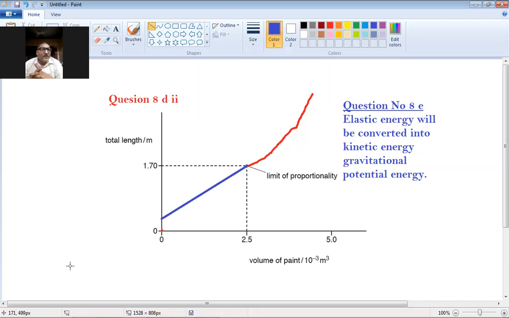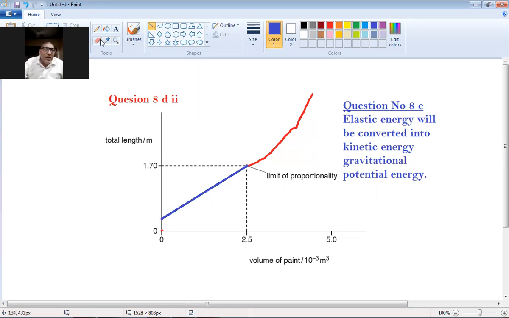So the graph cannot pass through the origin. Origin means 0, 0, which means that when the load is 0, when the volume of the paint is 0, the length of the rope is also 0, which is not possible. So you see, my dear students, this is a common mistake which a normal student will make. And I was trying to show you that this is the mistake which will be happening.